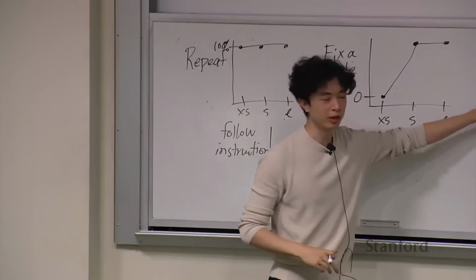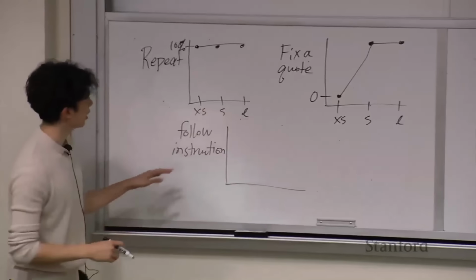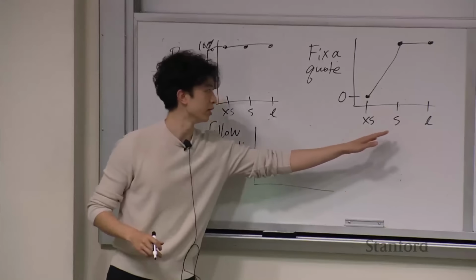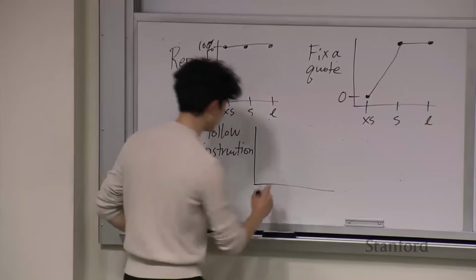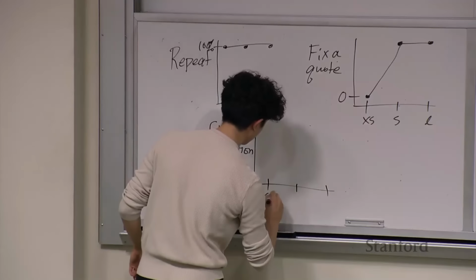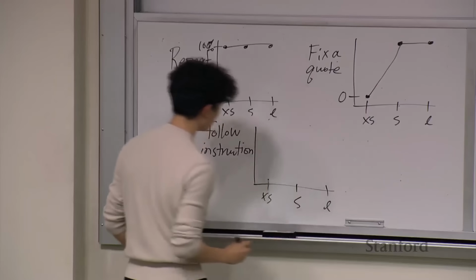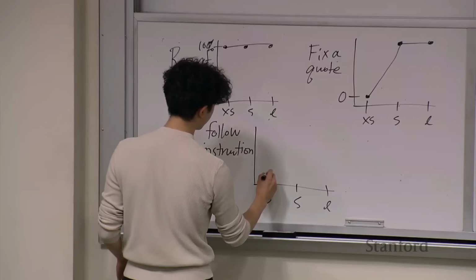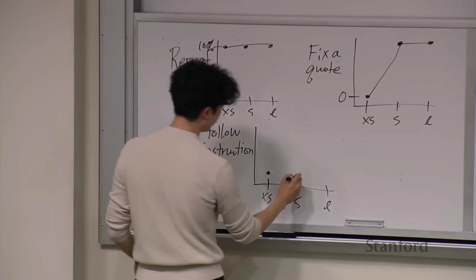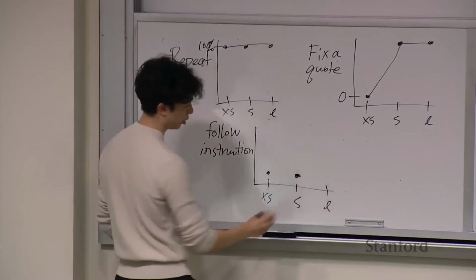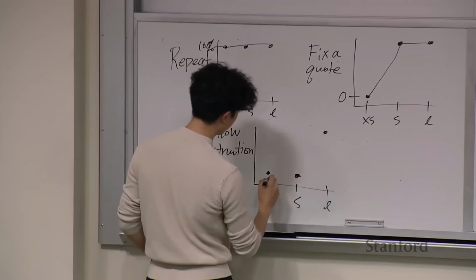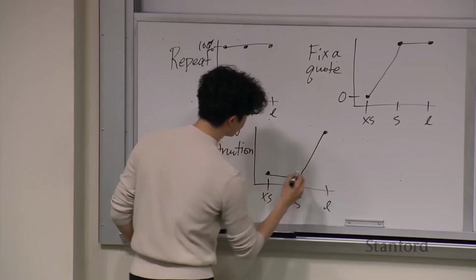Obviously, this is the instruction here. You could say, okay, what's the performance of these models on this task? The extra small model can't do it, the small model also can't do it, but the large model can do it. So you get a curve like this.